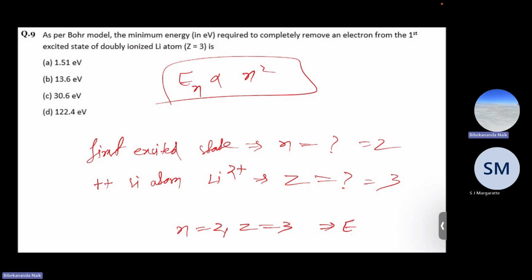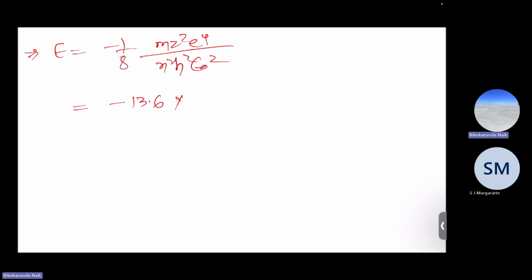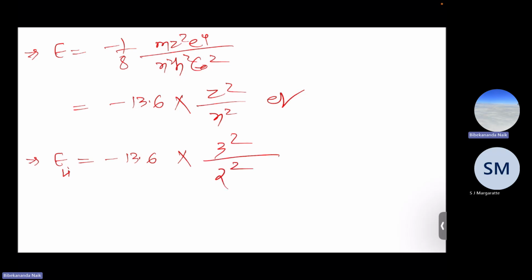Then what is En? We know E is minus 1 by 8 m Z square e to the power 4 by n square h square epsilon 0 square. So it is minus 13.6 into Z square by n square eV. For lithium, minus 13.6 into Z square, Z is 3, 3 square, divided by n square, n is 2, 2 square.